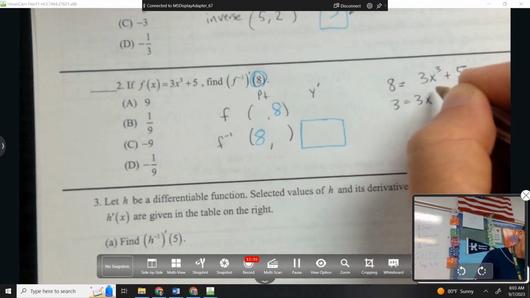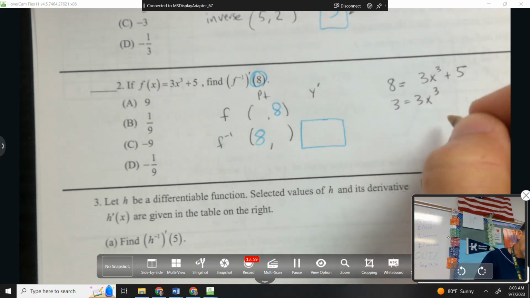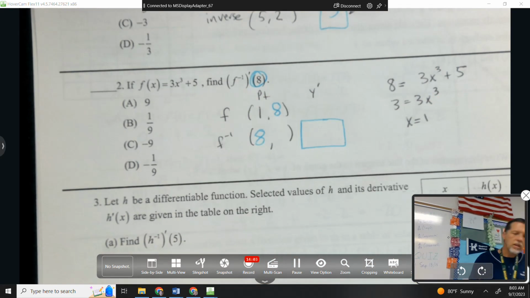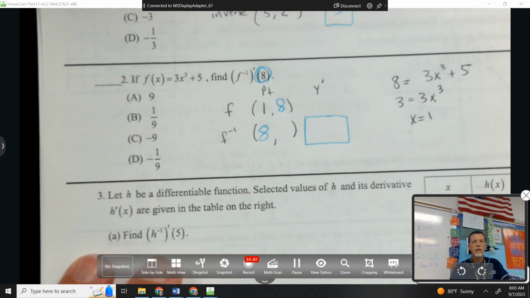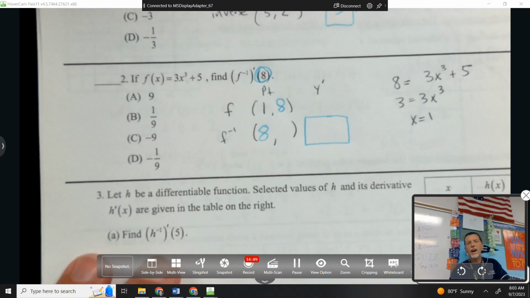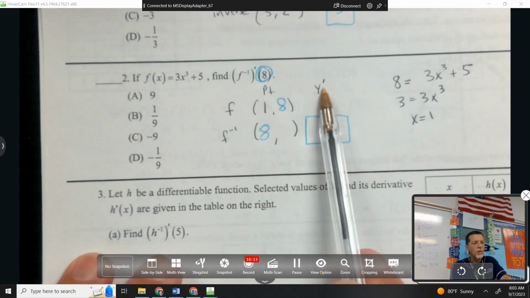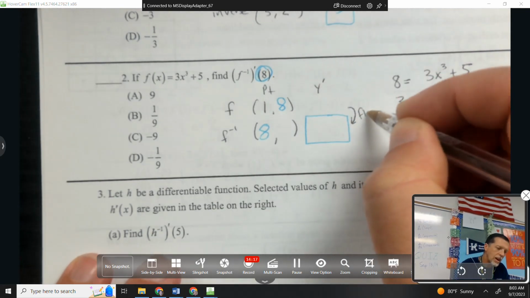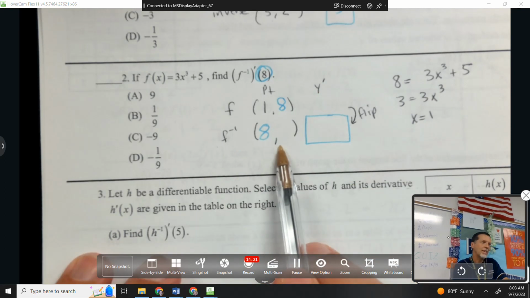So 3 equals 3x cubed. Divide by 3, I get 1. Cube root, I get 1. So x equals 1. And the reason I'm doing that is I need 1 because I want y prime at 1 so that I can flip it over to get the derivative of the inverse at 8.